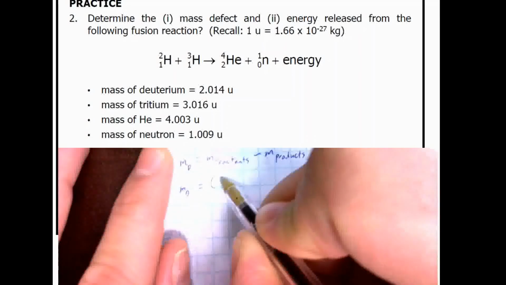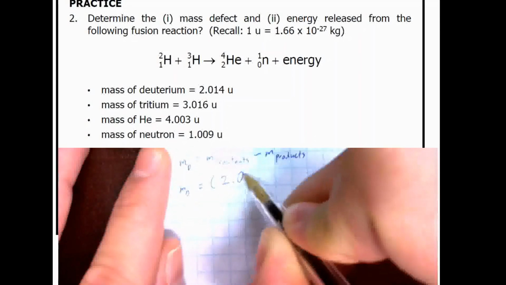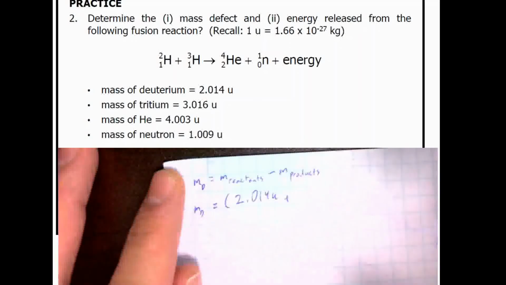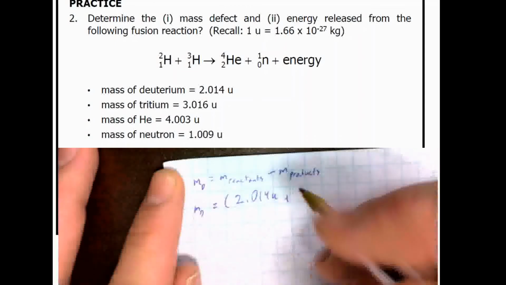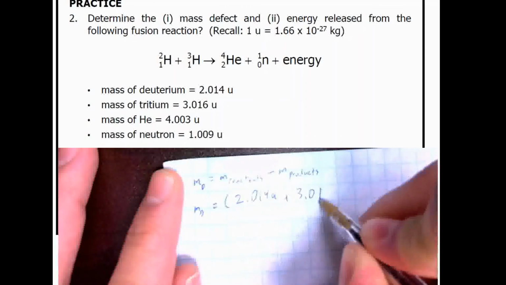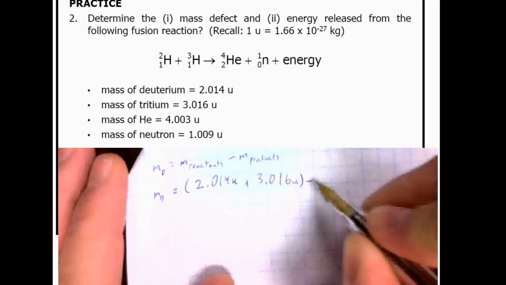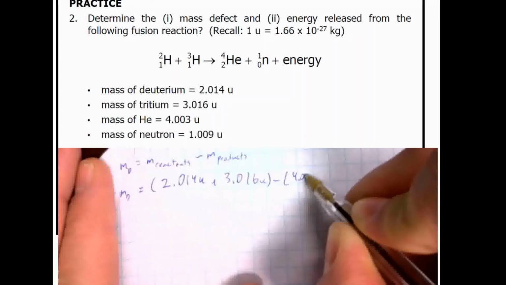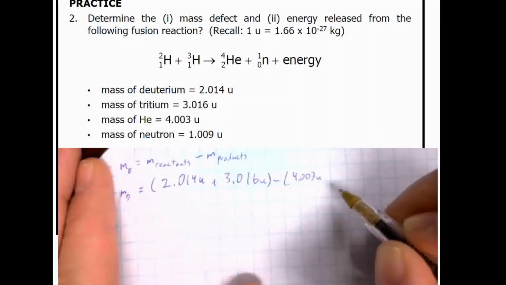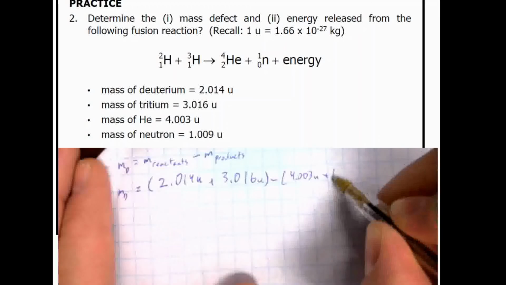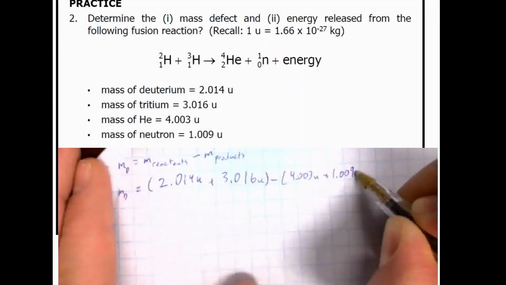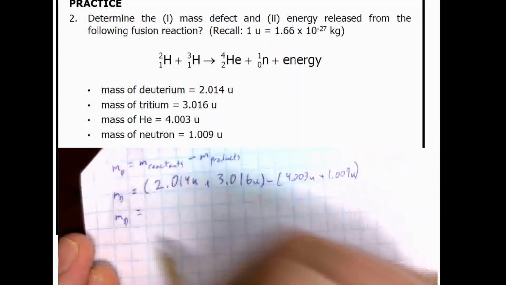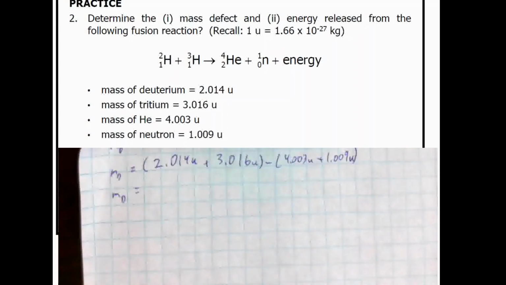So this is going to be 2.014 U plus 3.016 U, minus my helium, which is 4.003 U, and my neutron, which is 1.009 U. And my energy doesn't factor into the mass defect because my energy is the remaining mass.